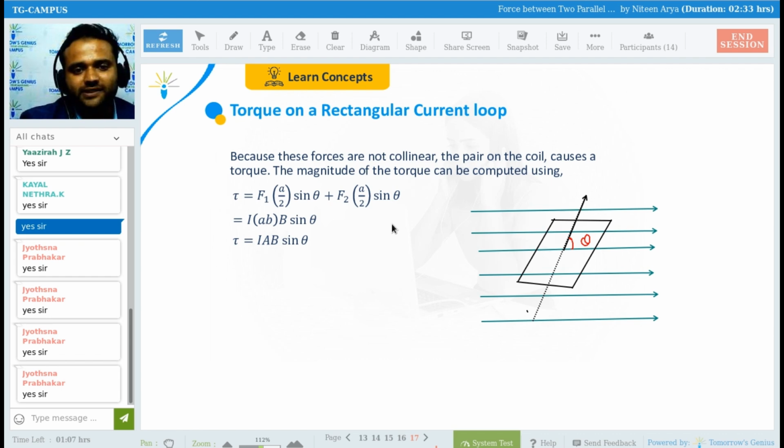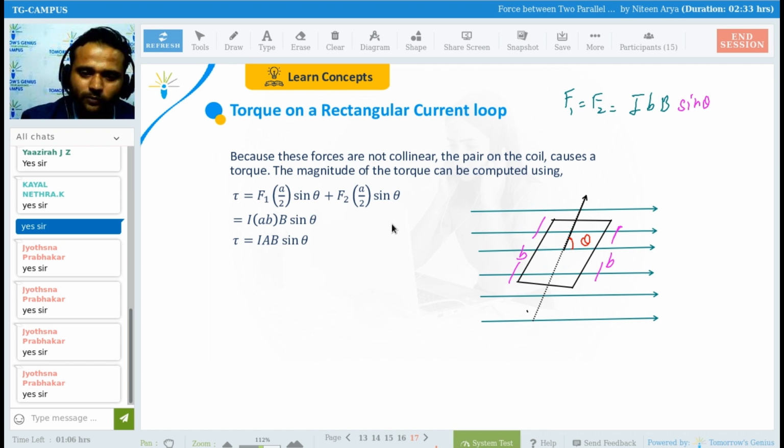Everything is repeated the same: F1 equals F2 equals IBB. Now this is your B. We take the perpendicular, or even if we take the sine theta component, theta is the same. So the net force is going to be 0.